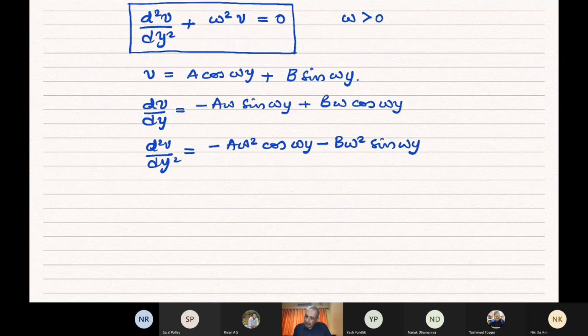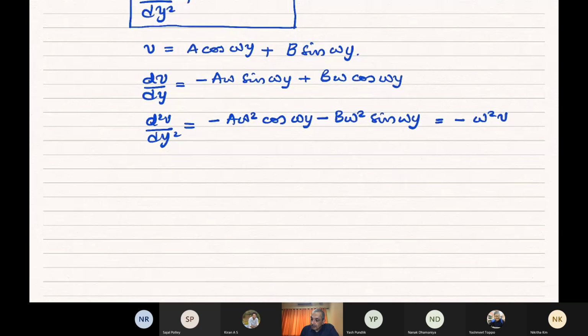Now if we compare this equation to this one, we can see that this is nothing but minus omega squared times v. So that means every such solution with any arbitrary constants a and b is a solution to the governing equation.